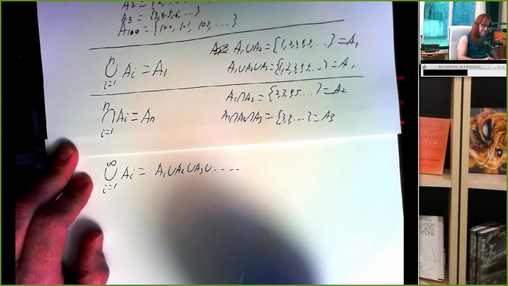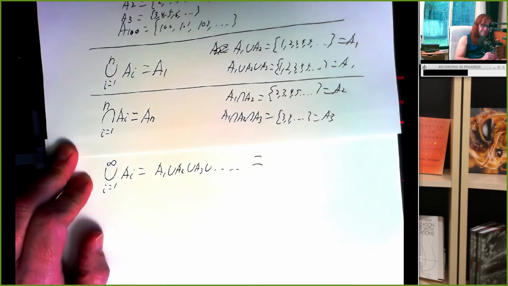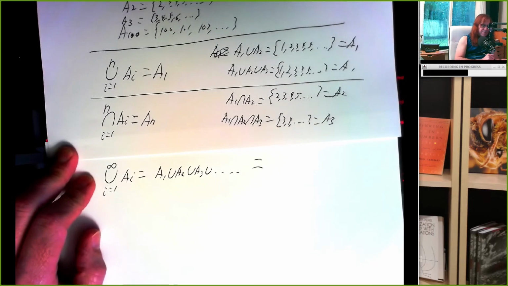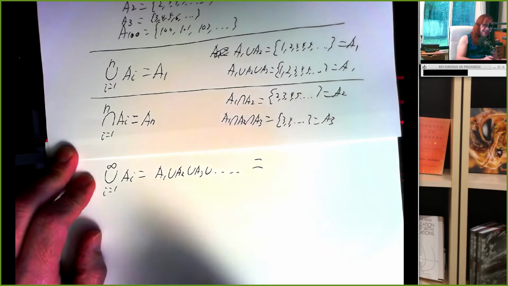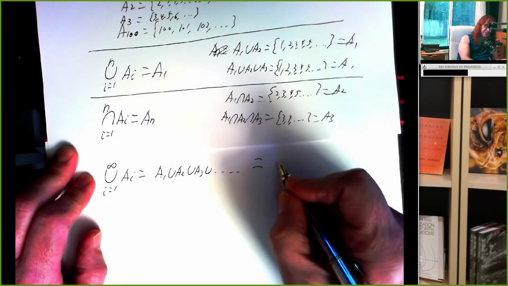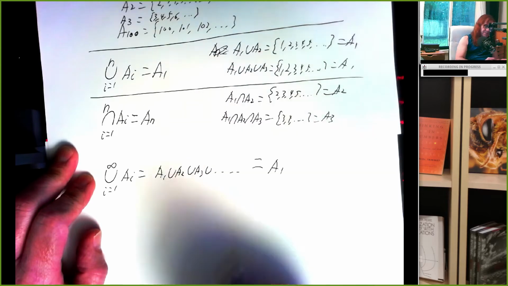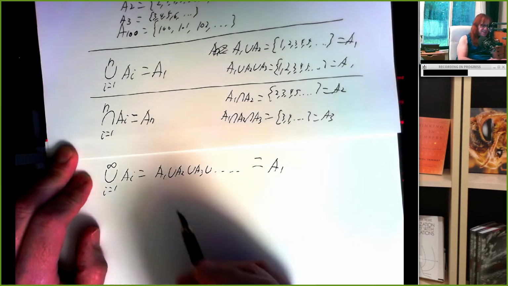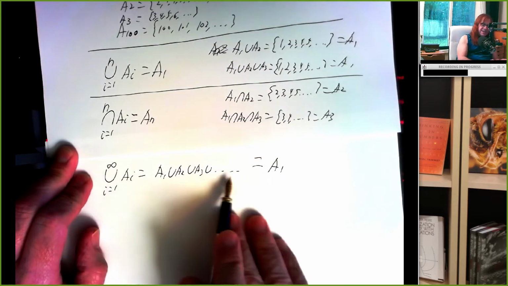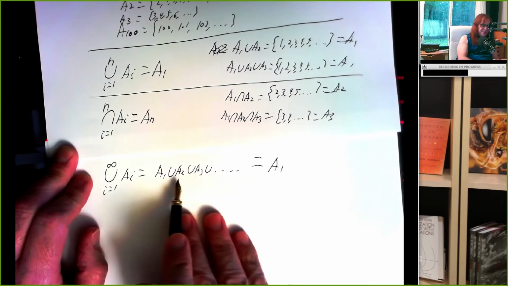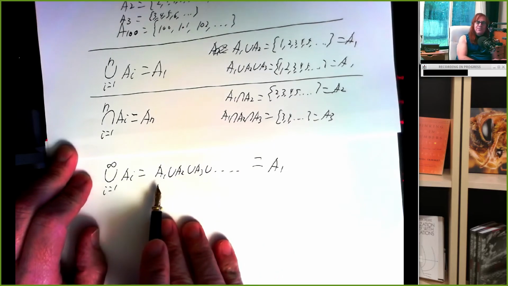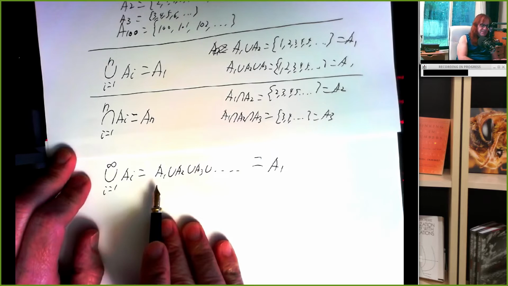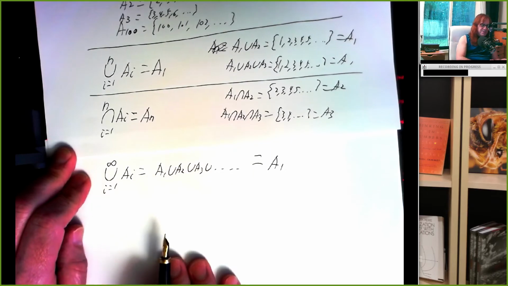Wouldn't this just be A infinity? Or just A everything? It turns out to be exactly the same as in this case. I just get A1. Because all of these other things that I add into my union contain stuff that's already in A1 and nothing extra. So that just ends up being A1.